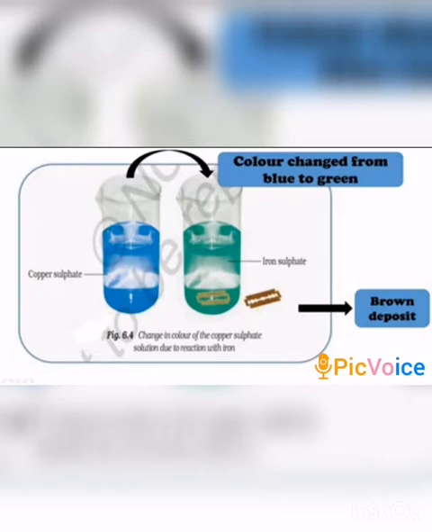The change of the color of the solution from blue to green is due to the formation of iron sulfate. What's the product formed here? Iron sulfate. It is a new substance. The brown deposit on the iron nail is copper, and also it's another new substance.